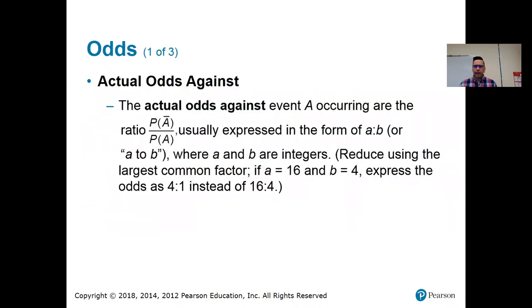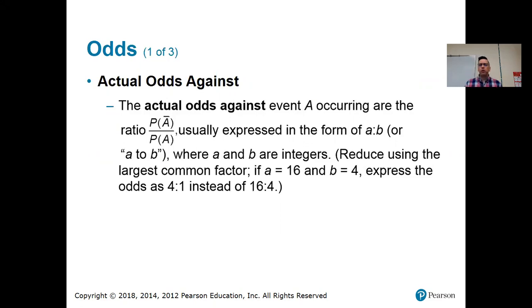All right, odds. For those of you who like to go to Vegas or like to go to the horse track, casinos and race tracks typically talk about odds instead of probability.